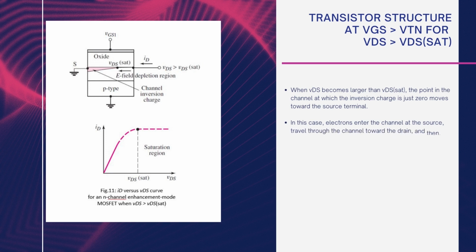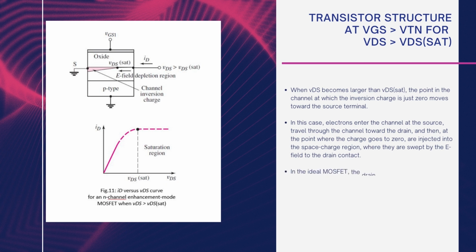In this case, electrons enter the channel at the source, travel through the channel towards the drain, and at the point where the charge goes to 0 are injected into the space charge region, where they are swept by the electric field in the drain contact. In the ideal MOSFET, the drain current is constant for VD greater than VD saturation.